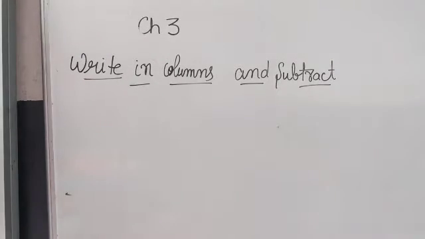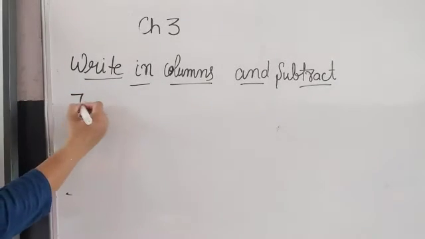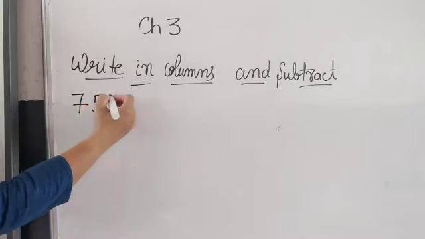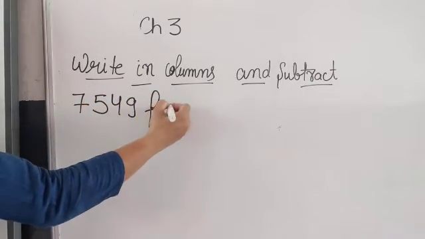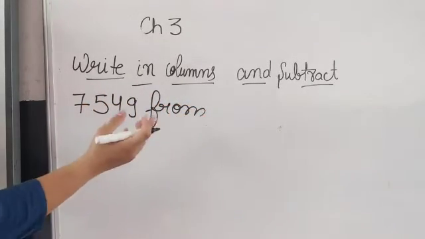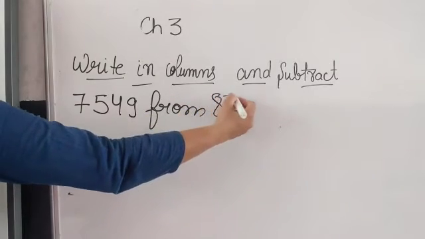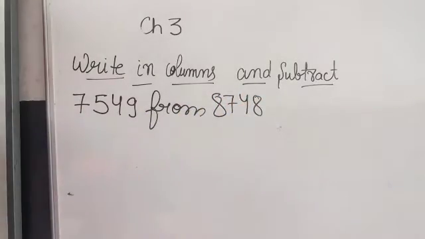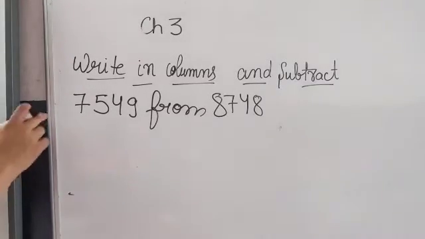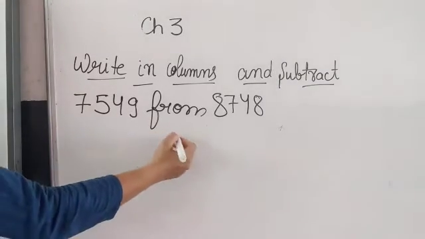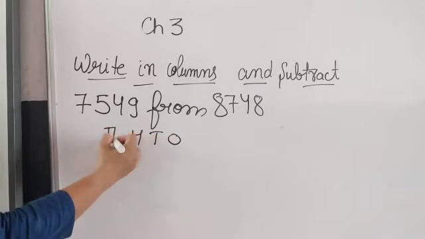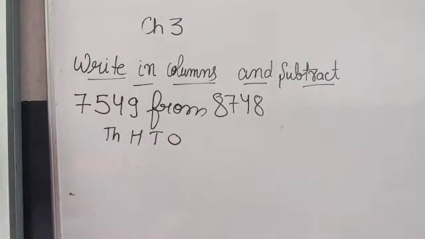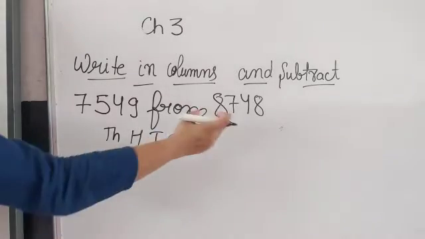See, question: write in columns and subtract. Subtract 7549 from 8748. Okay, is it clear? In subtraction, the bigger number comes first and then we subtract the smaller number. Taking away a smaller number from the bigger number is called subtraction.